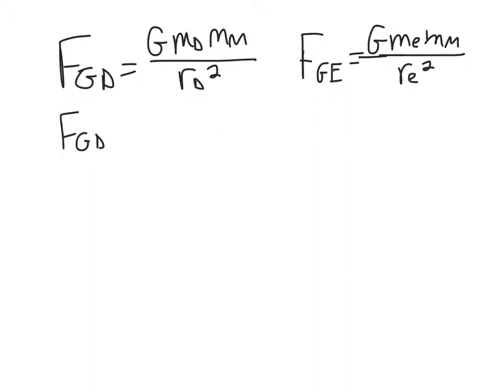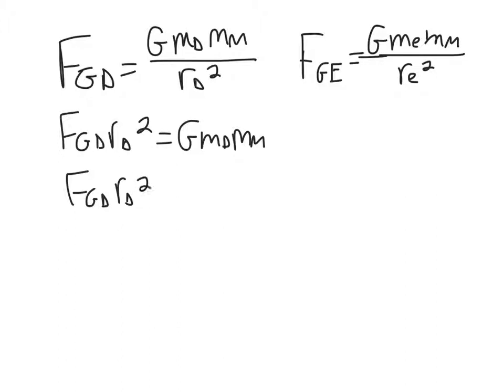FG for the Discover times the radius of the Discover squared equals G MD MM. Divide both sides by G MM. We get FG for the Discover, radius of the Discover squared, over G, mass of Mars, equaling mass of the Discover.